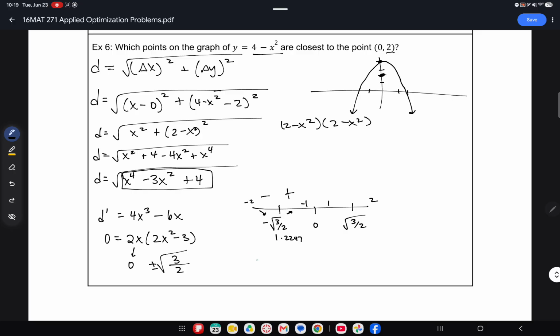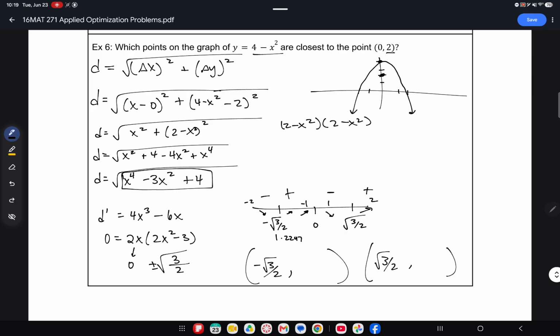So we do have a minimum there. So that's going to be a value. And let's do +1 gives me negative. But that's going from increasing to decreasing. So that's creating a maximum. So I don't want that. And then let's look at 2. That gives me positive. So that's another one. So positive root 3 over 2.